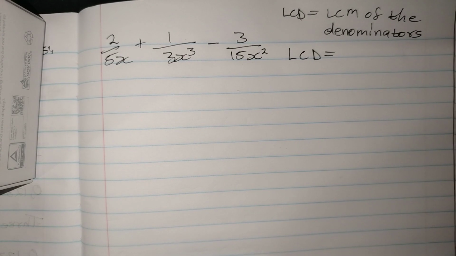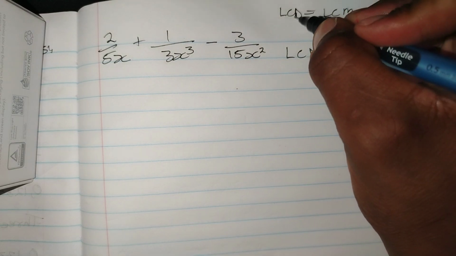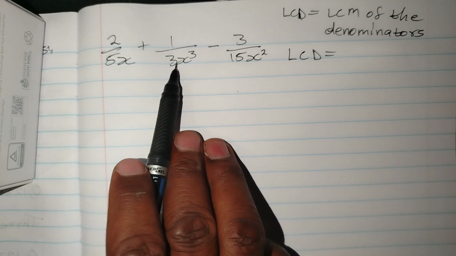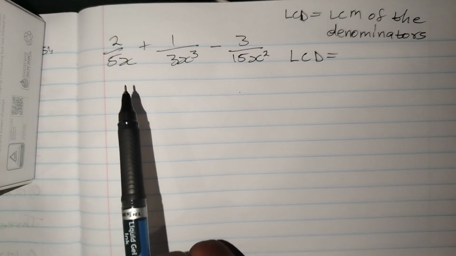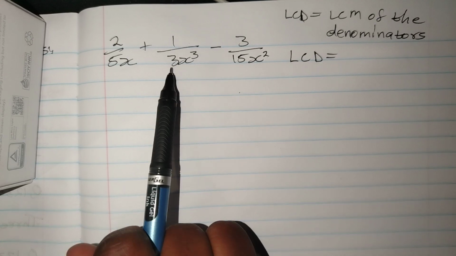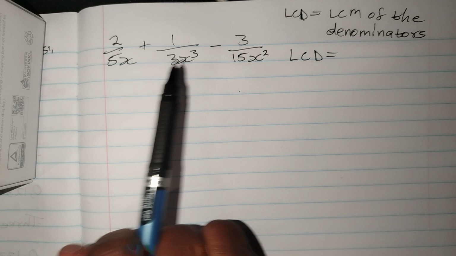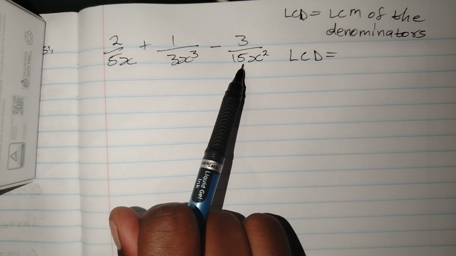Which means if we come up with the LCM of 5, 3, 15, we will find that their lowest common multiple is 15, because 3 multiplied by 5 is 15. When 5 is multiplied by 3 is 15.